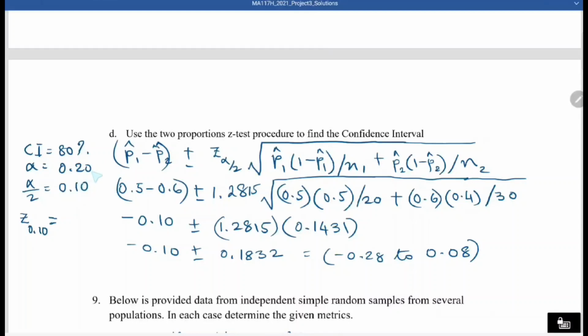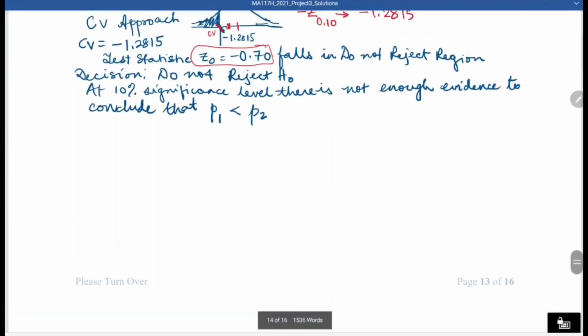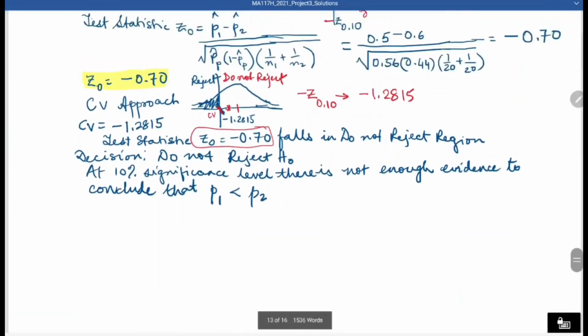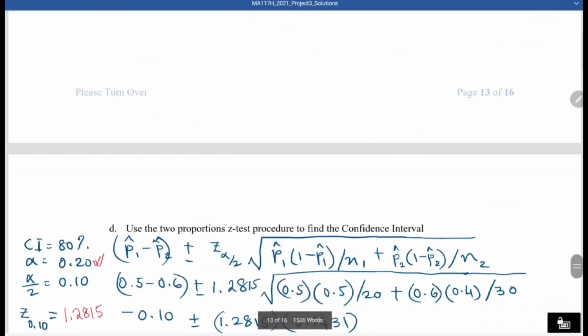So our alpha is going to be 0.20 from a confidence interval of 80%. So alpha by 2 is 0.10, and z of 0.10 is 1.2815, which is what we also used to perform the hypothesis test, right? That was our critical value.